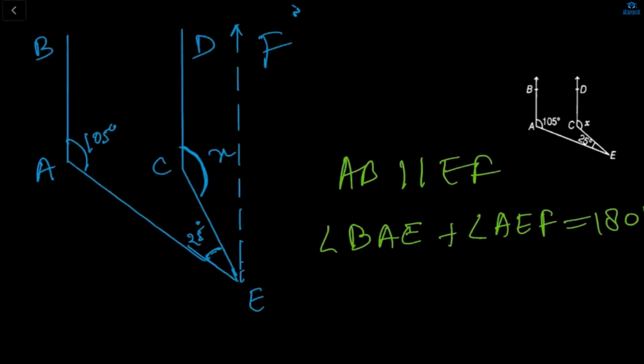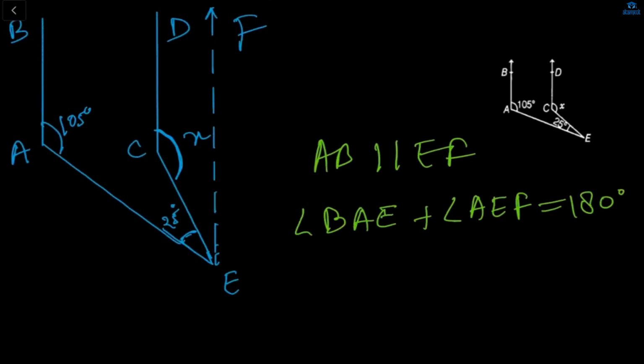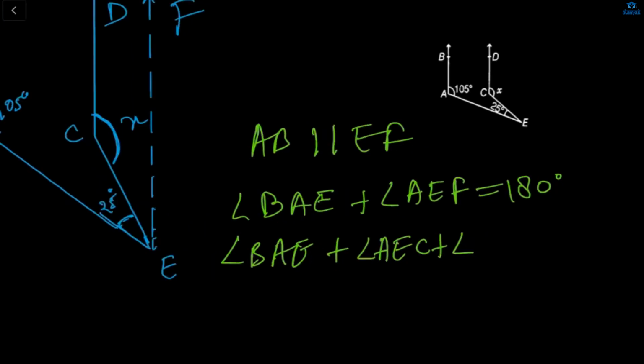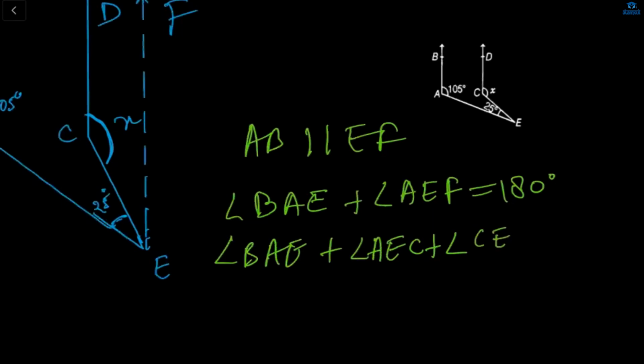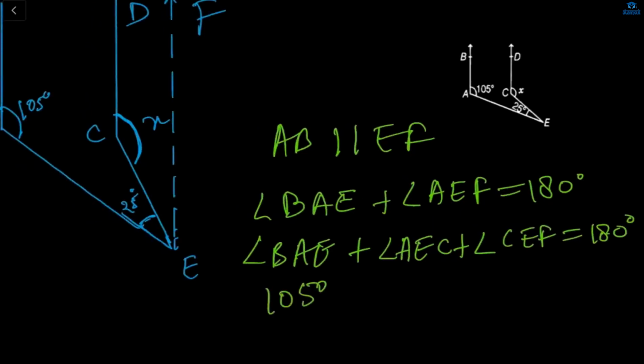Therefore, angle BAE plus angle AEF, which can be written as angle AEC plus angle CEF, is equal to 180 degree. Now this is given as 105 degree, and this is given as 25 degree.